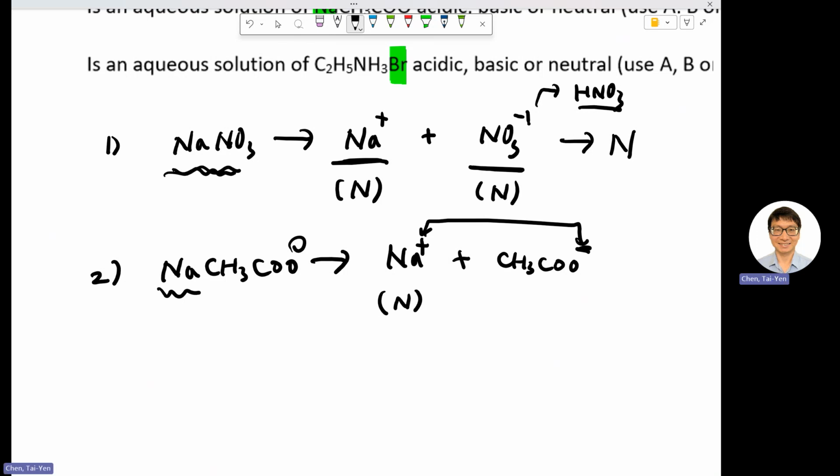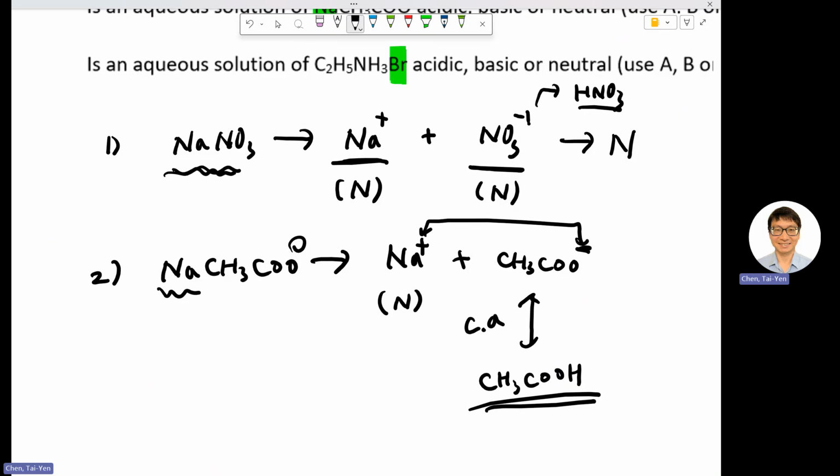But a more proper way to think about this is that the conjugate acid of this species is CH3COOH, right? Its conjugate acid is CH3COOH, which is a weak acid.